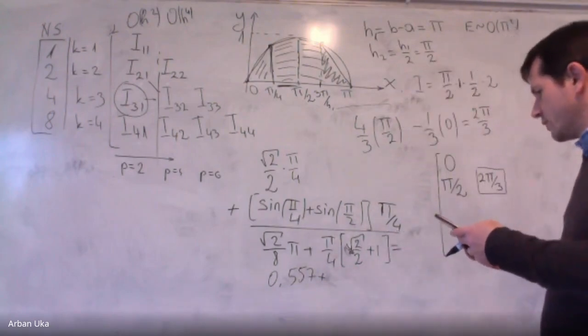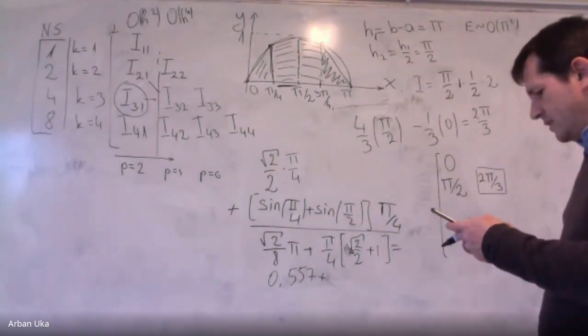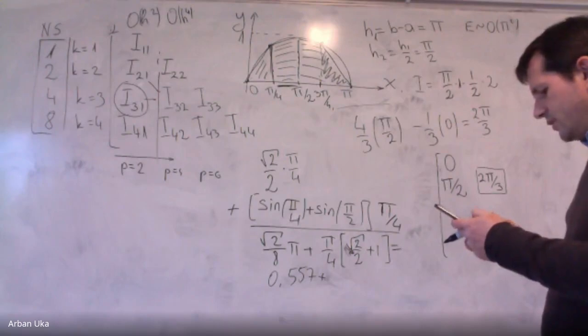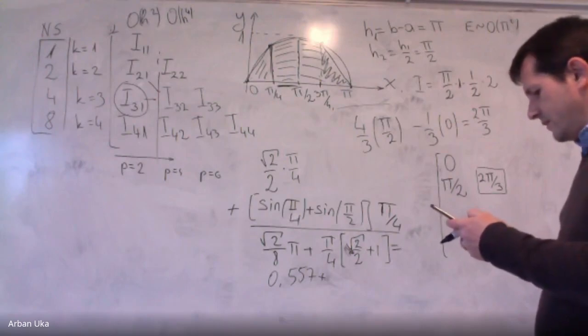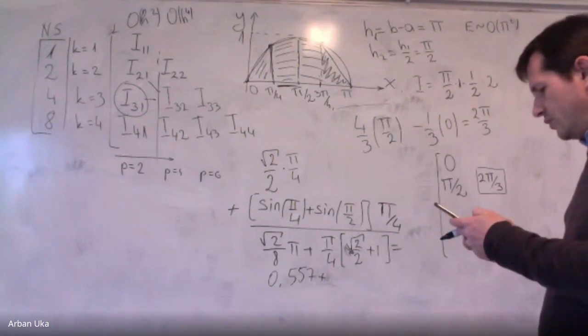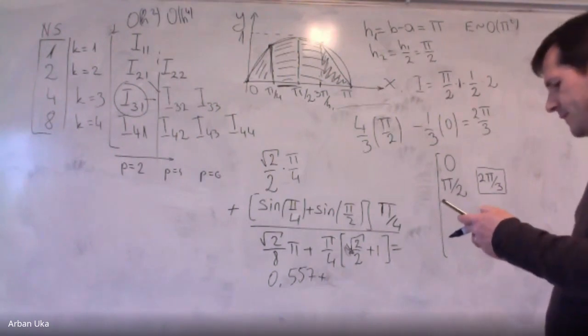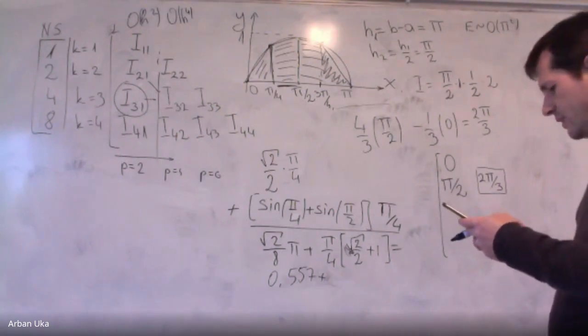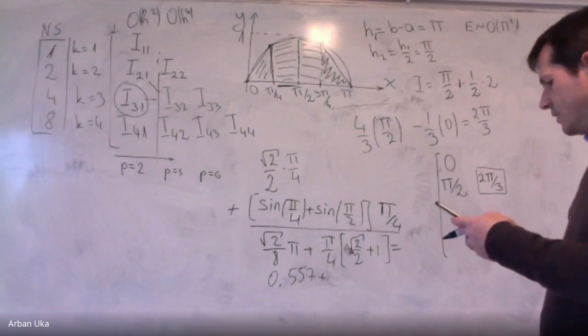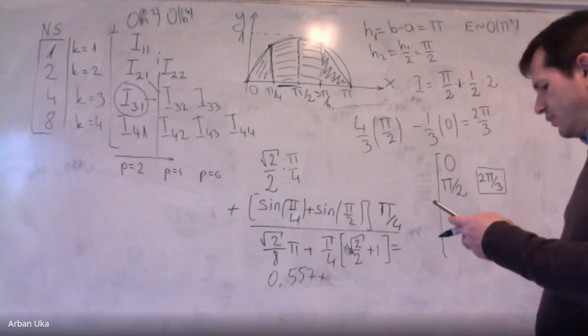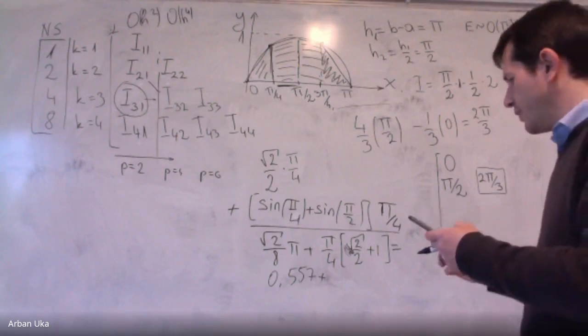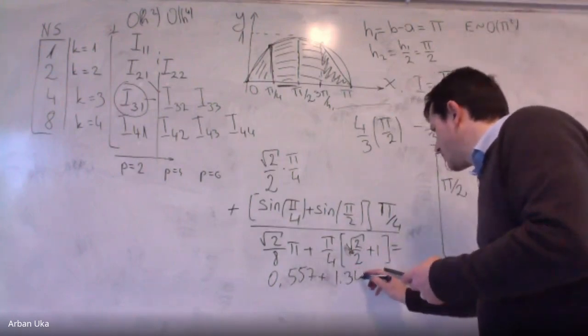Then we move on, square root of 2 over 2, square root of 2 divided by 2 is 0.7 plus 1, it's 1.7. 1.7 times 3.14 divided by 4 is 1.34.